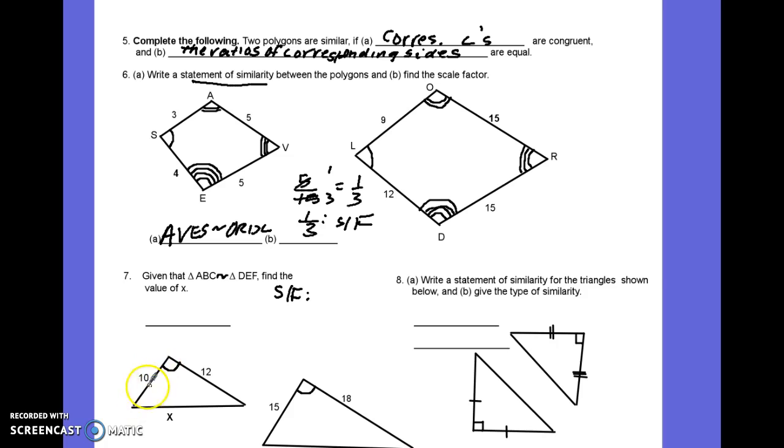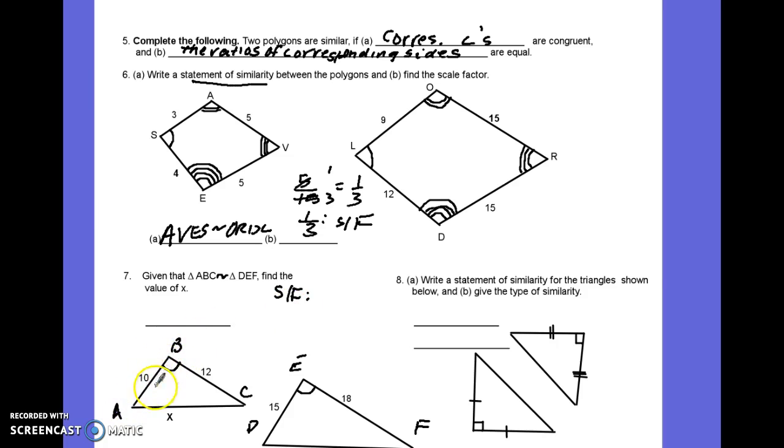So if I do this one, I'm going to call this A, B, C, and then D, E, F. F is down here. You can't see it. But let's make a ratio of two known matching lengths.